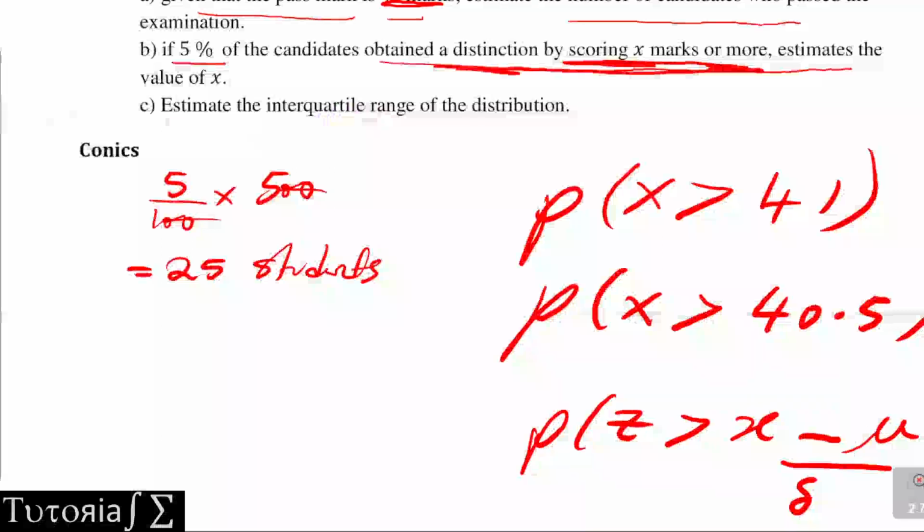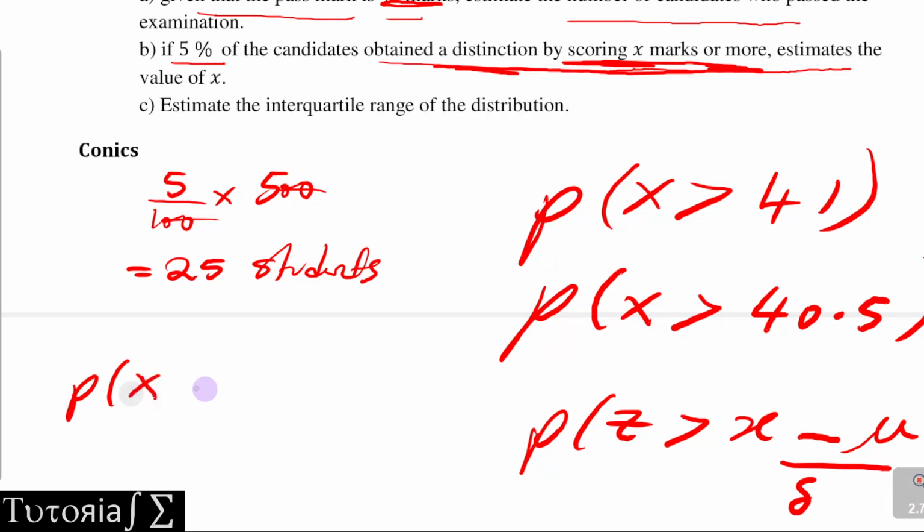So what mark was put for a distinction? So it's the same thing that we were doing. So that is the probability of x marks, say greater than small letter x, this would be equal to 5%, which is 0.05.